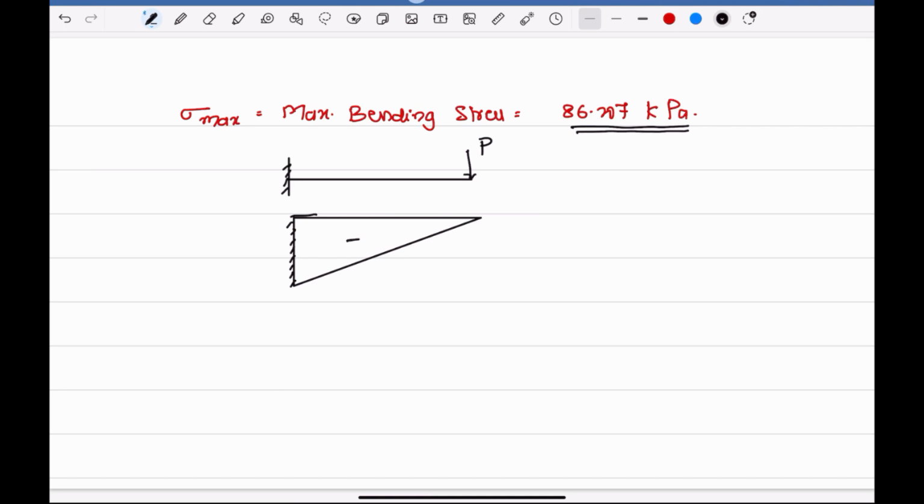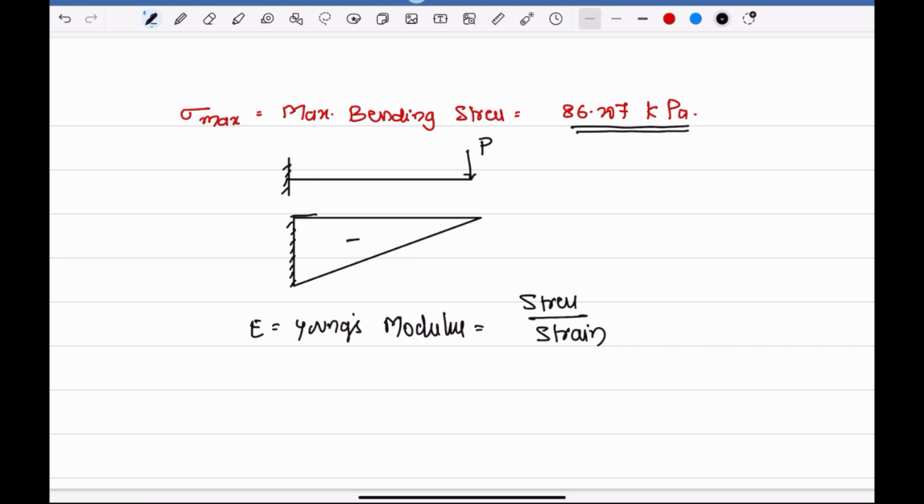86.207 kPa. Now, from the Young's modulus, we know that Young's modulus E is equal to stress by strain in the linear portion.